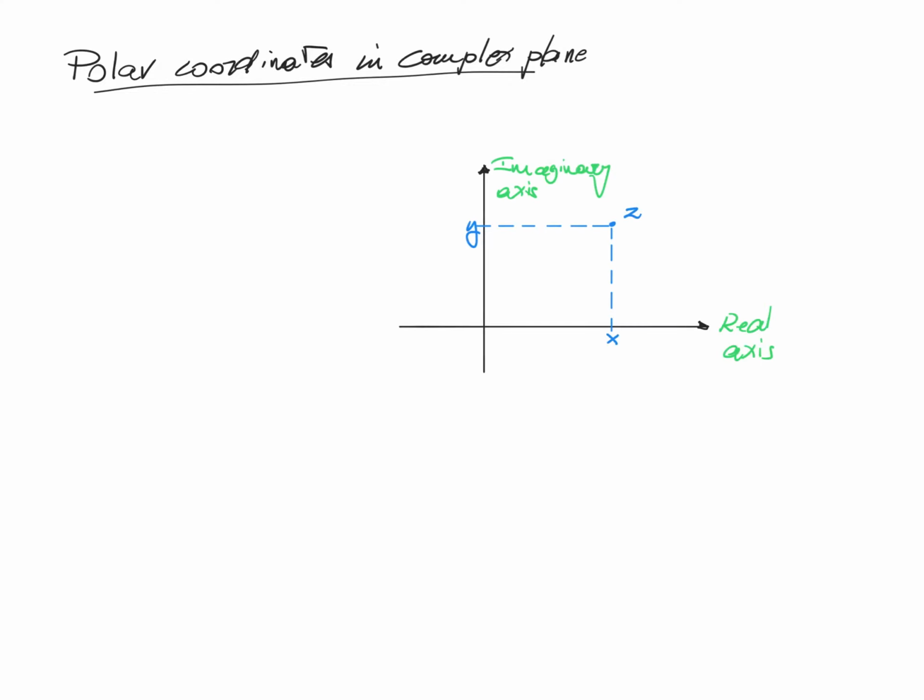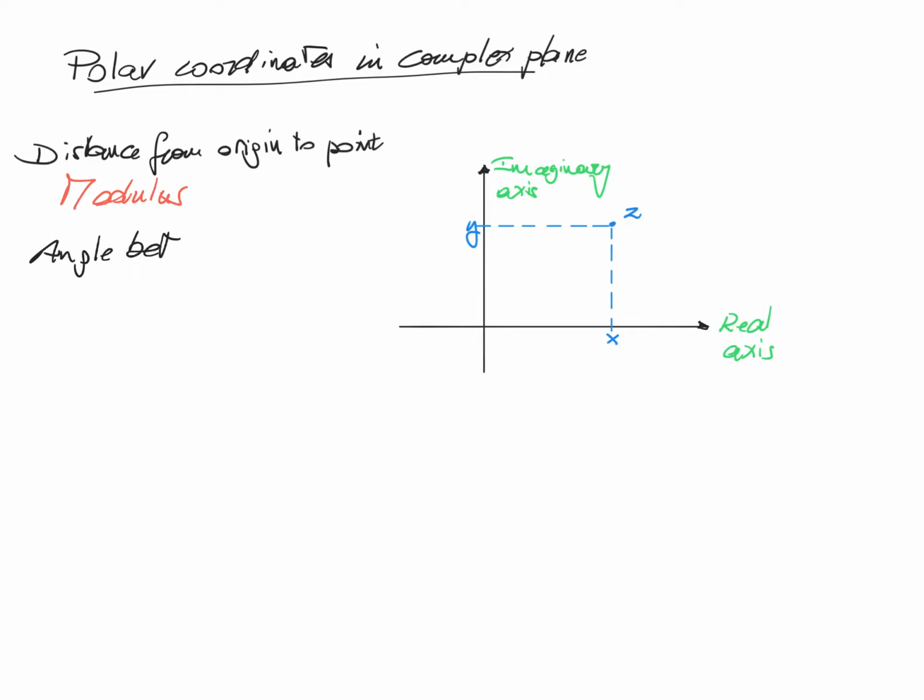So we need the distance from the origin to the point, which we call the modulus of z, and we have the angle between the x-axis and the modulus.